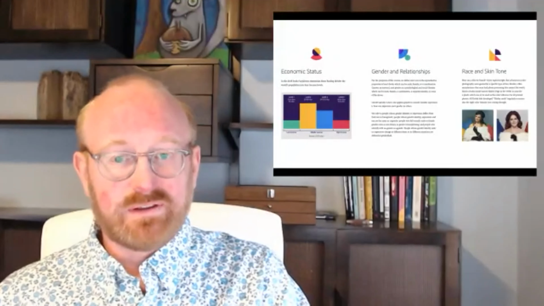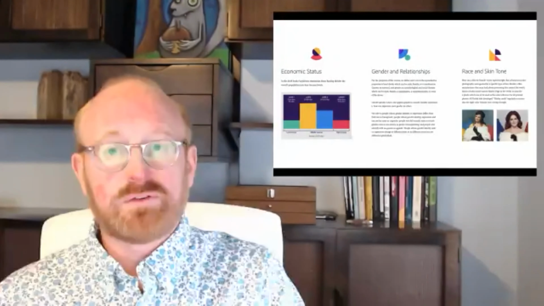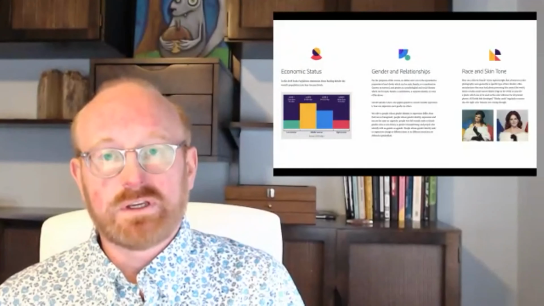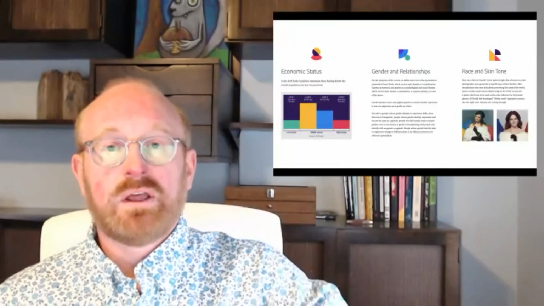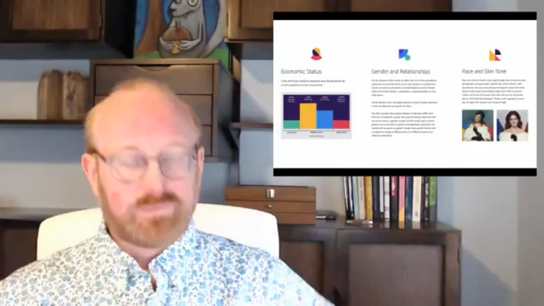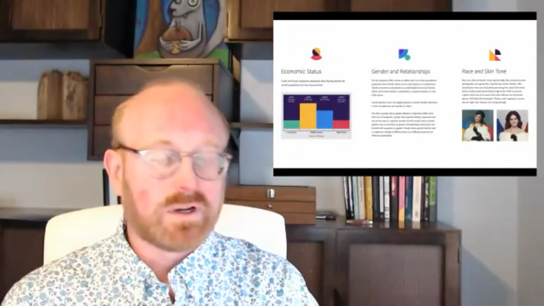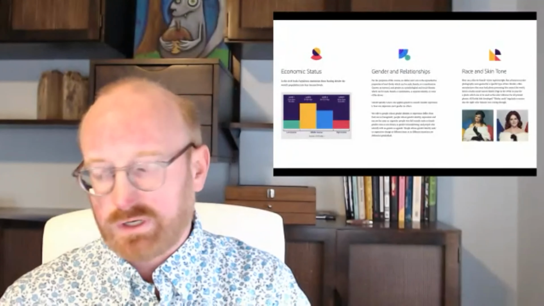But that's the starting point. Everybody at that point had the same language to use when they were talking about inclusivity and why we care about it. And that enabled Adobe Design to say, this is what's important to us. These are the things that we are going to expect our product teams to work on.